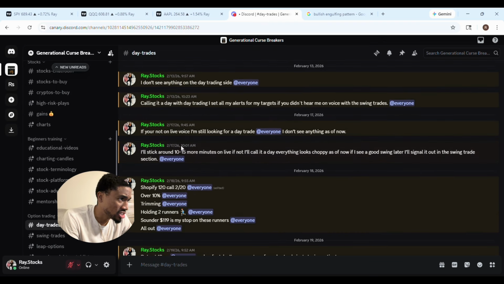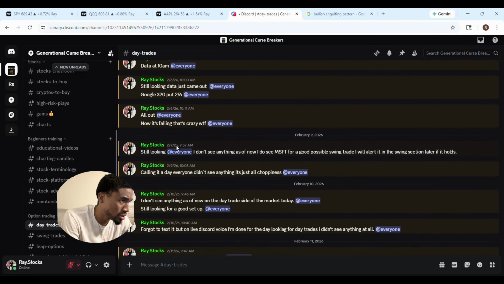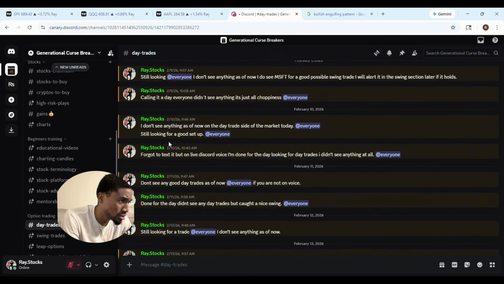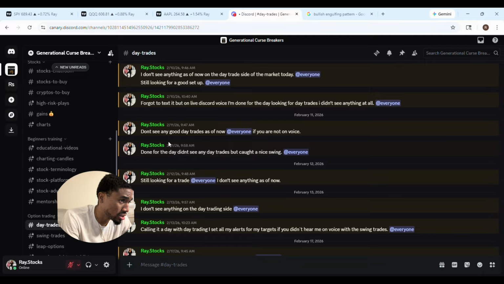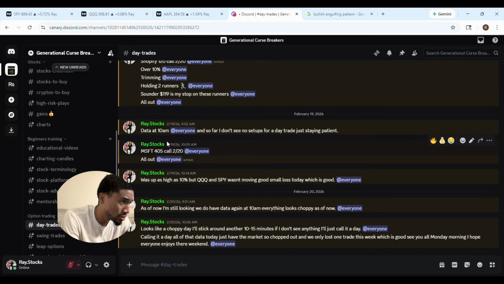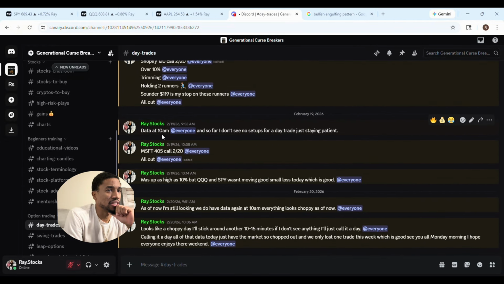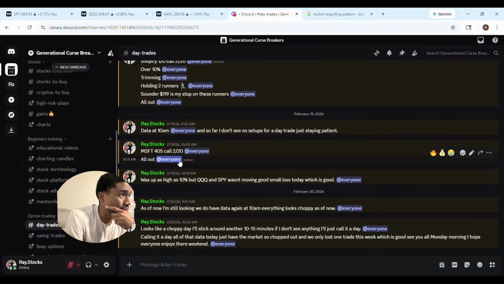Shopify. Did I trade anything else? I think I only made like 2 trades this week. You only did 2 trades, it looked like. Shopify, Microsoft. Yes, only did 2 trades this week. It was kind of choppy this week for real. Really couldn't trade anything. So that's just part of the market days. It will be choppy.